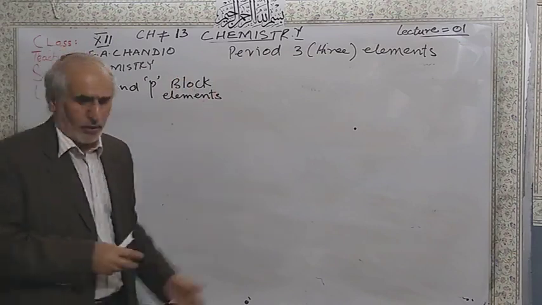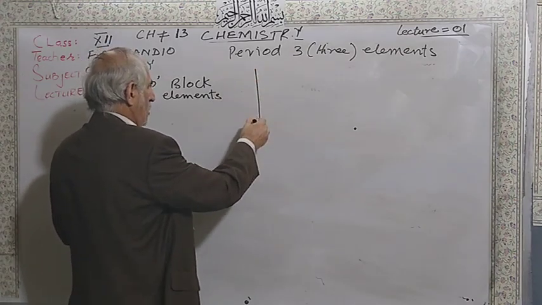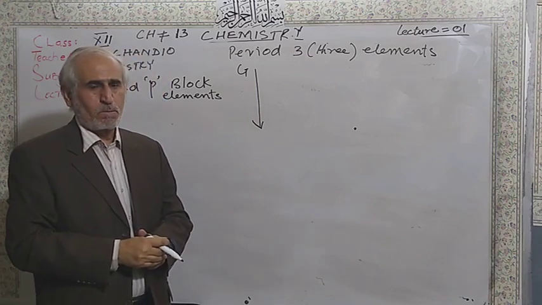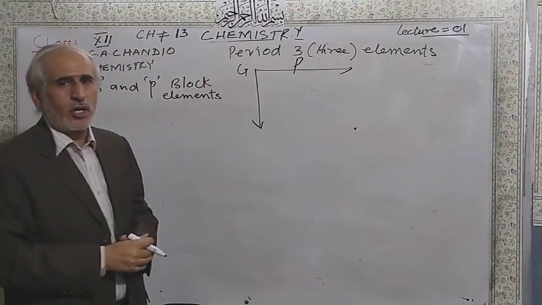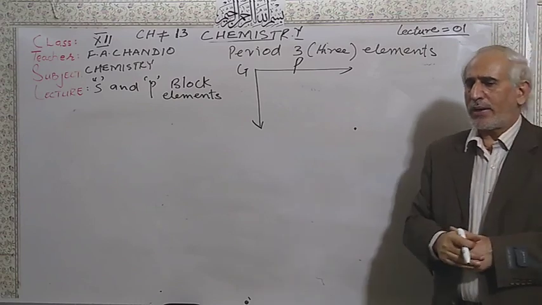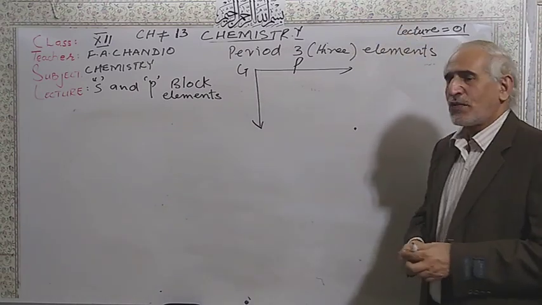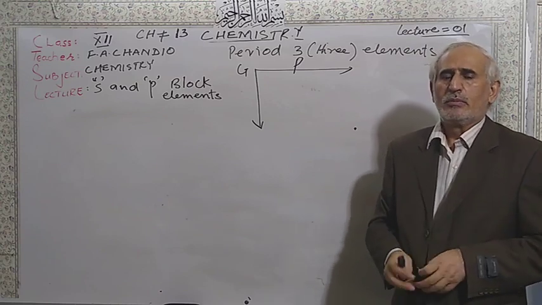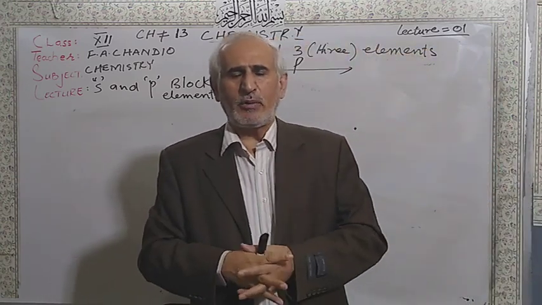In the periodic table, the vertical columns are called groups, and the horizontal columns, rows from left to right, are called periods.